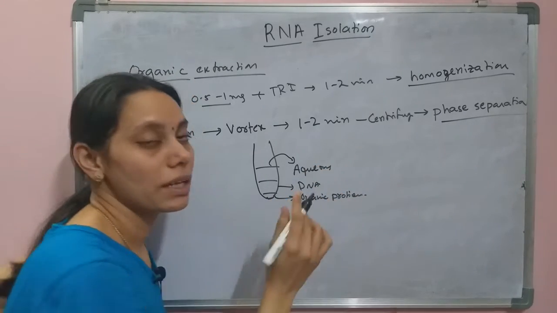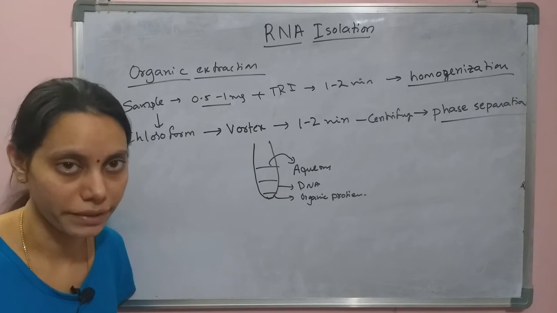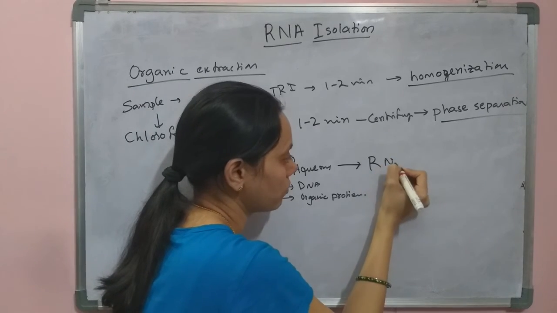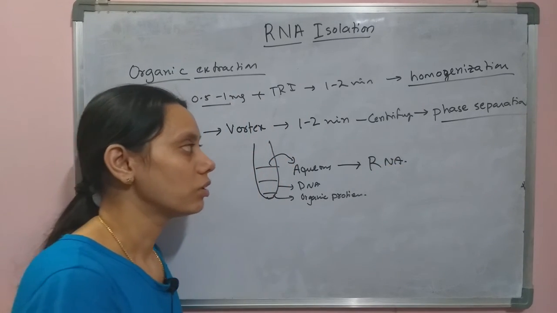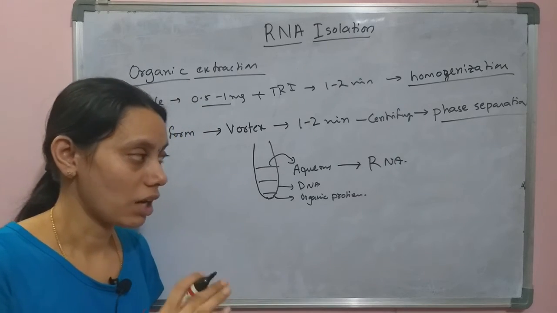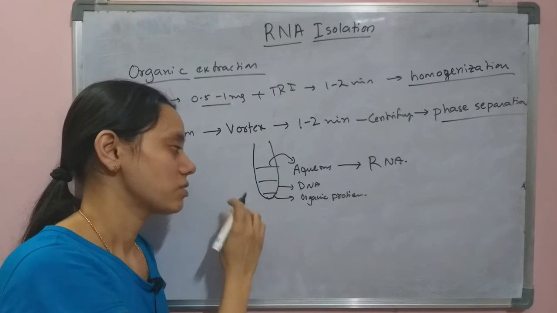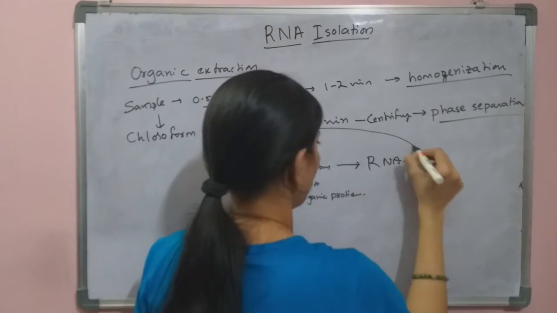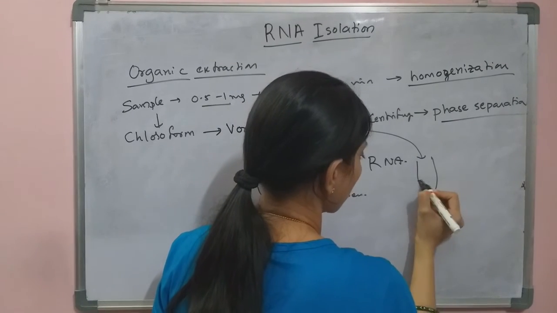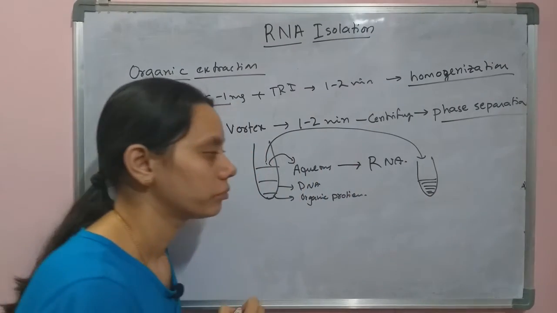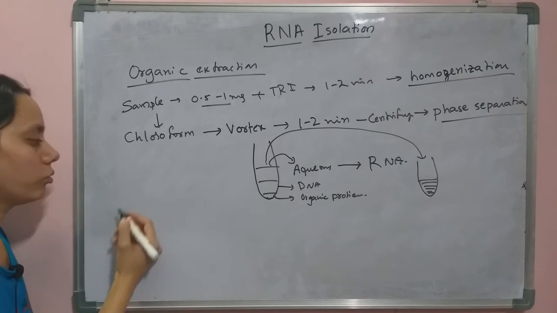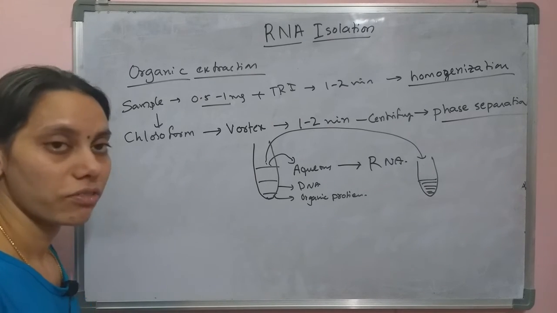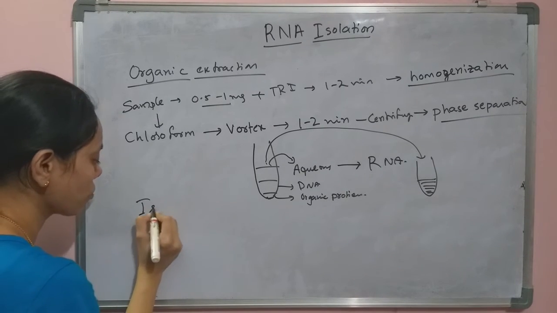In the previous step, as DNA, proteins and lipids are already treated, the aqueous phase only contains the RNA. So during the phase separation, RNA will come into the aqueous phase, and this aqueous phase will be taken into a fresh reaction tube. To the fresh reaction tube, which has this aqueous phase, we are going to add isopropanol.